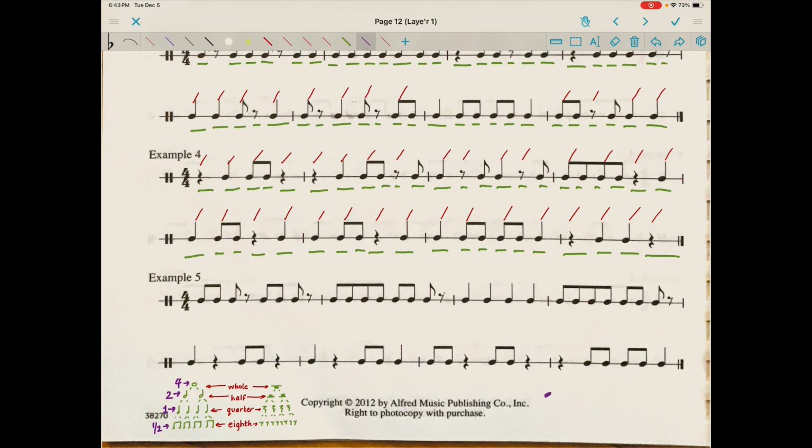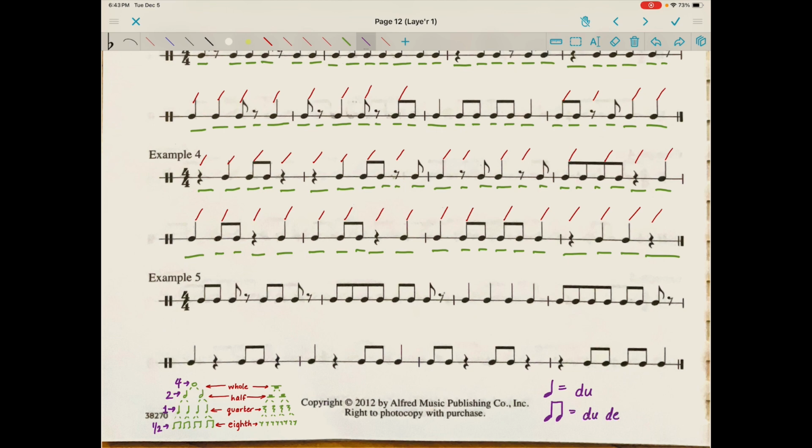Our quarter notes, since there are 1 beat or pulse notes, will be do in our Gordon rhythmic language. And our 8th notes, since they're worth 1/2 of a beat each, will be do days.